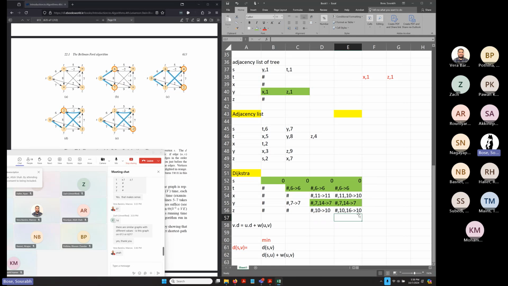Now, out of these two, we both have the same thing currently, but let us just pick Z because it was here first. And we are going to copy this full thing.